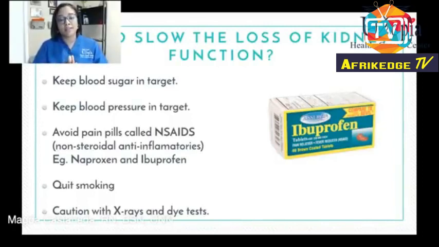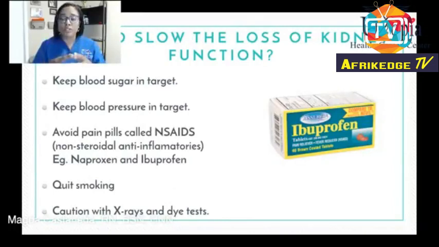So in this case, if you are diabetic, keep the blood sugar in target, okay? Because if you have spikes of blood sugar, that sugar is going to clog the little veins that go to your kidney. And once they're clogged, it is very difficult to declog them. Okay? So keep your blood sugar in target.